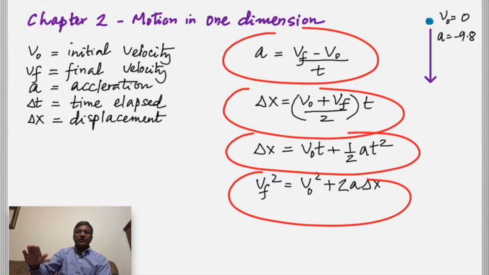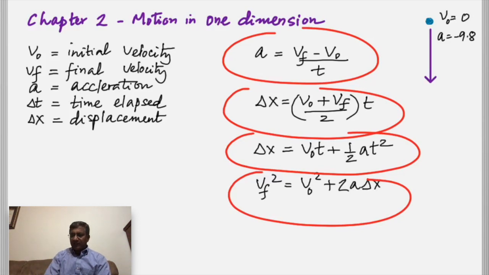Now, acceleration due to gravity is always going to be negative 9.8 meter per second squared because the gravitational force is downwards. So even when you throw an object up, its acceleration due to gravity is down. The initial velocity is 0, the acceleration is negative 9.8 meter per second squared.